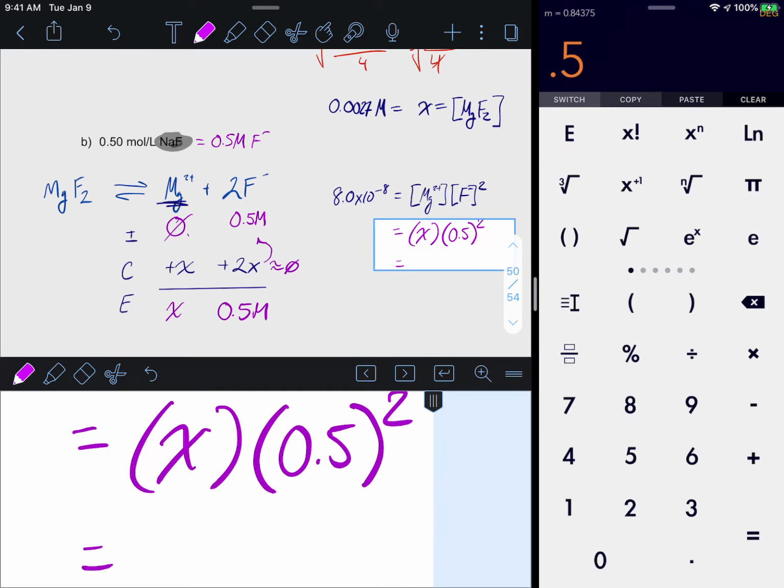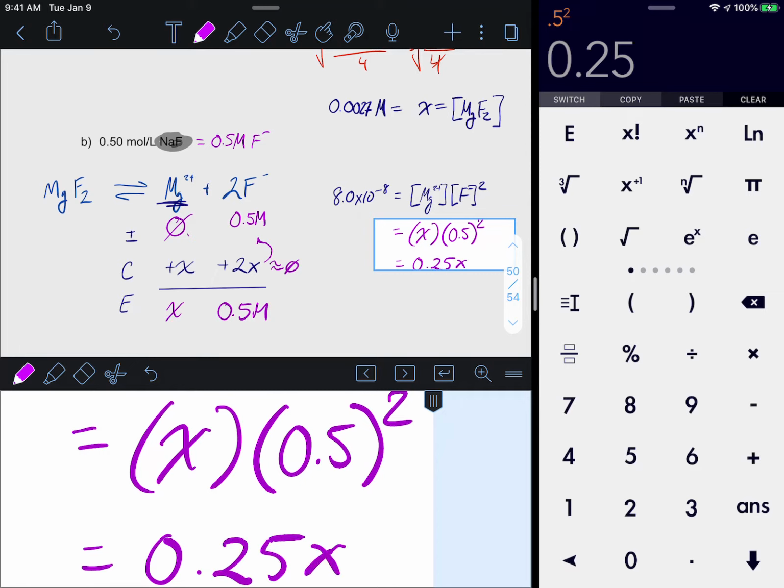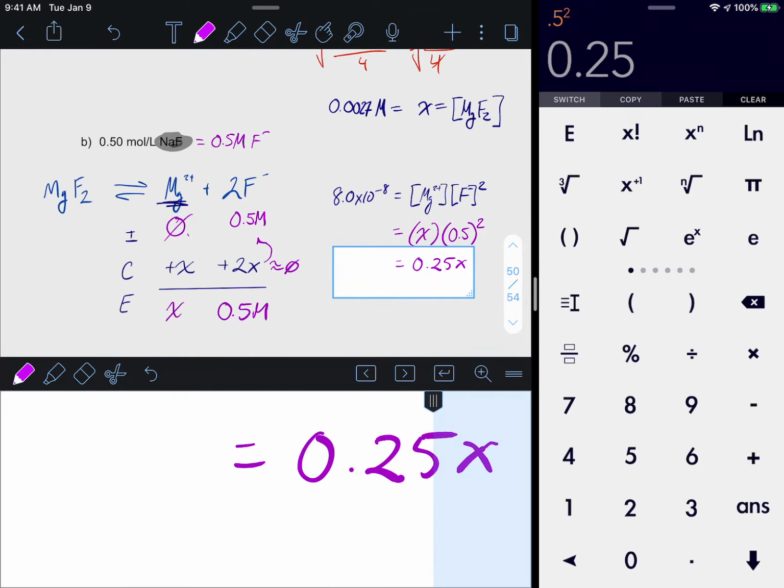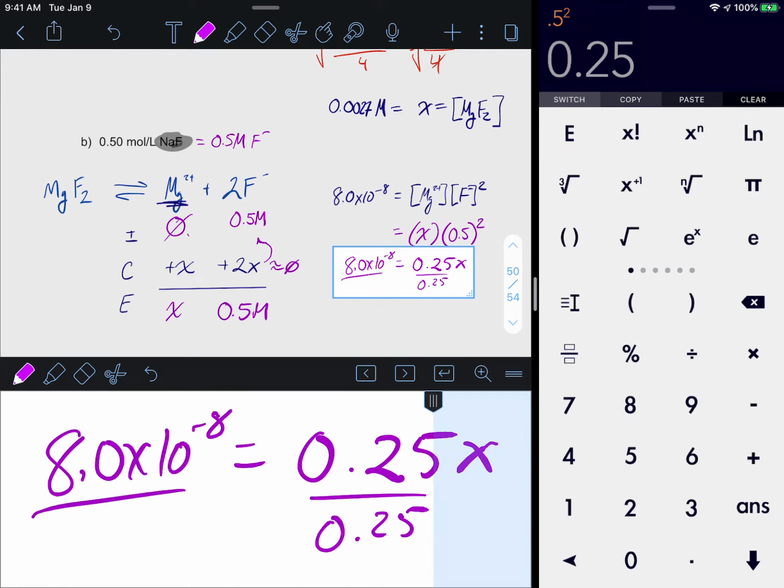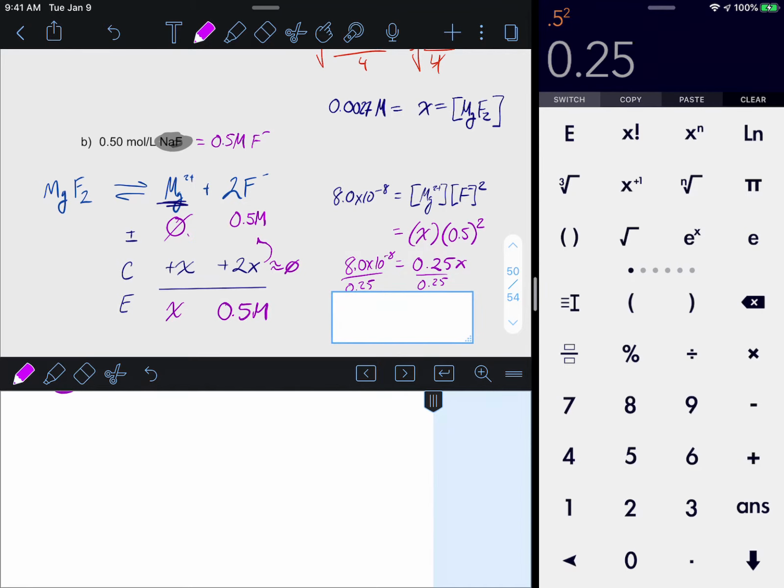0.5 squared is 0.25. So I get 0.25x. And so now all I'm going to do is take the 8.0 times 10 to the negative 8. I'm going to divide the 0.25 away on both sides. And I'm going to get like 32, I think.